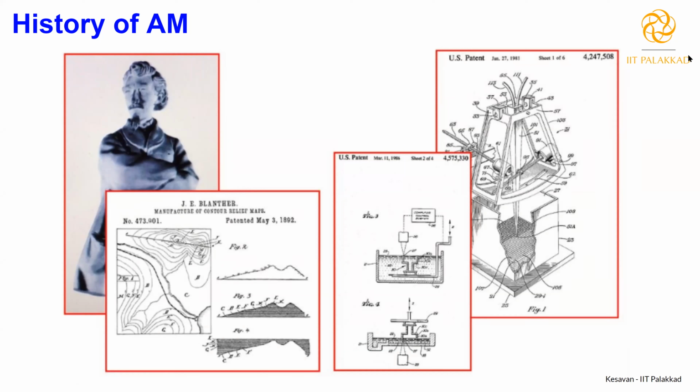And the latest one, what you're seeing on the right hand side, was the US patent published in 1981. That's what we are currently mostly using, like SLS, SLM or DMLS processes. That process has its origin in this patent.